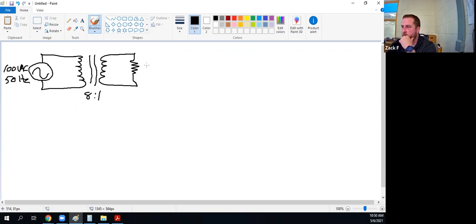And we're going to say this is 6 ohms. So E primary, I primary, power in the primary.